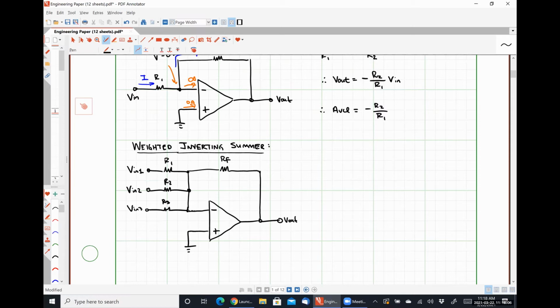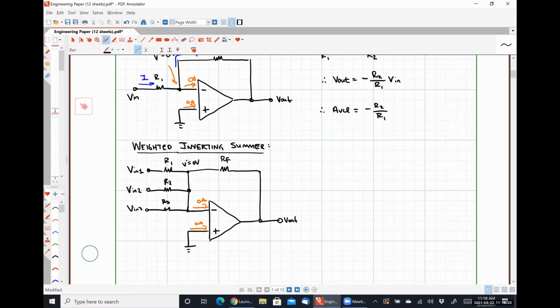So, as per usual, we will apply our constraints. No current can flow in here or here. And the voltage at this node, V minus, has to be exactly equal to 0 volts because our non-inverting input is connected to ground.